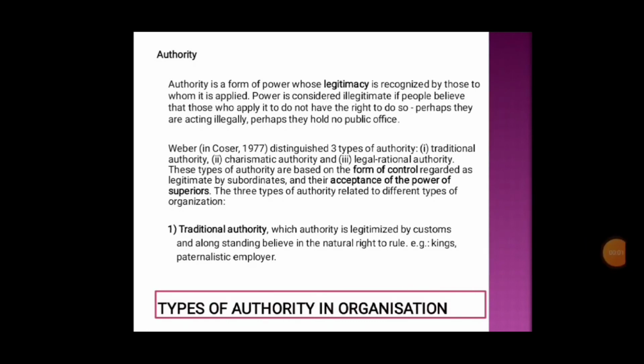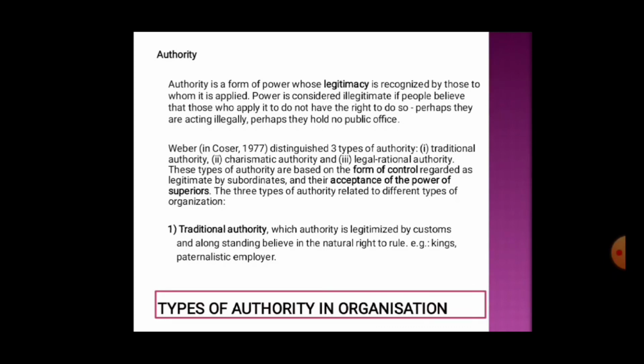Alright, so we are going to go through the types of authority in organization. But first of all, we are going to know what authority is. Authority is a form of power whose legitimacy is recognized by those to whom it is applied. It is considered illegitimate if people believe that those who apply it do not have the right to do so.